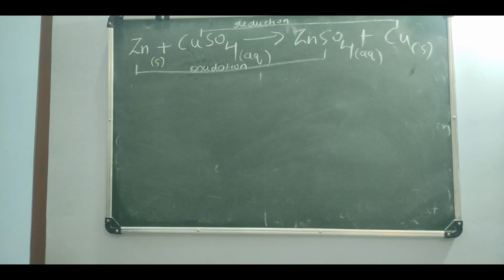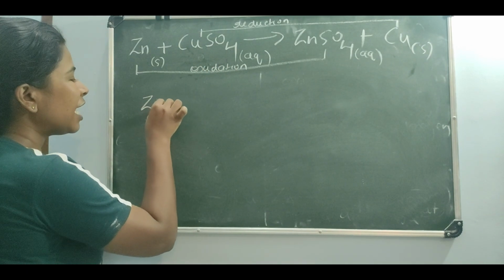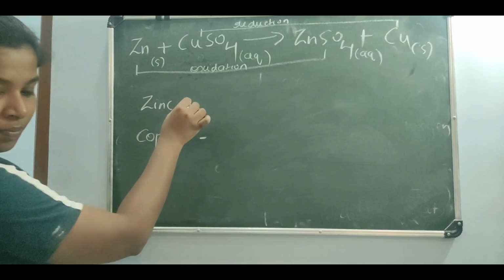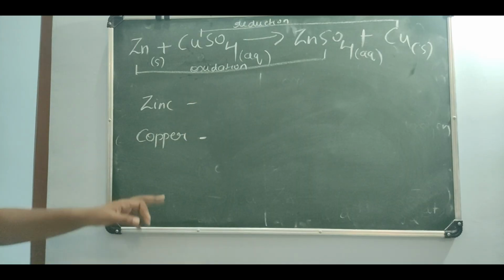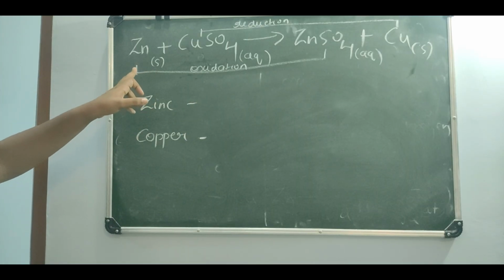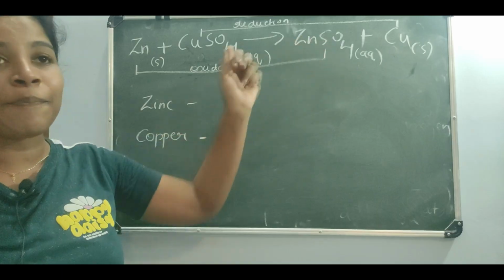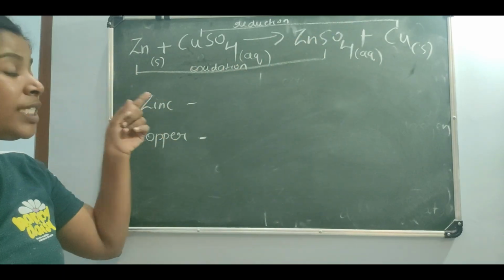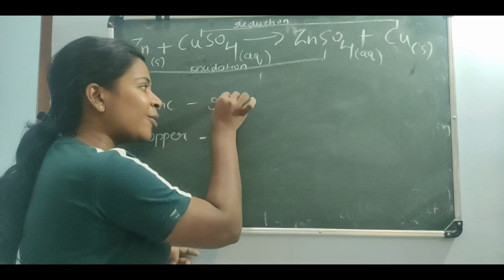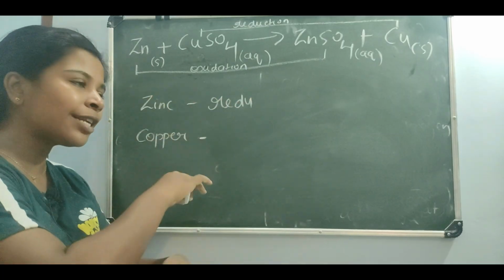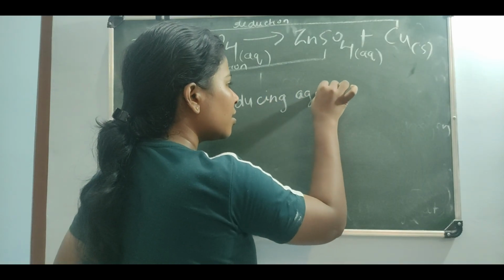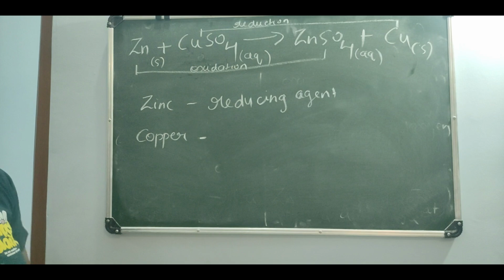Here, what is the role of zinc and what is the role of copper? Oxidation happened to zinc. Zinc has undergone oxidation, so zinc will be known as the reducing agent. Exact opposite, reducing agent. What about copper?